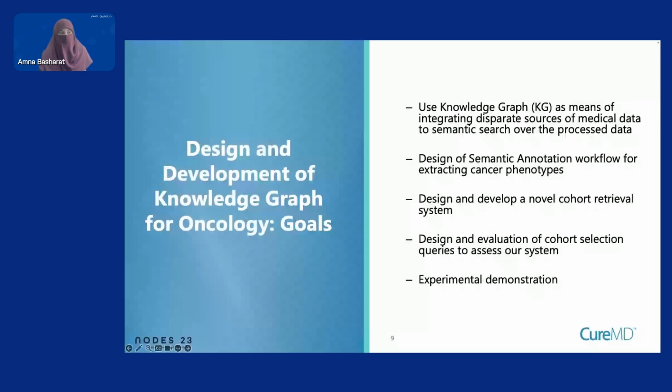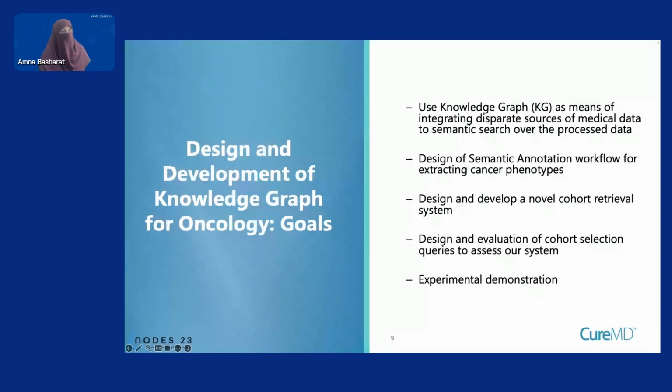And in order to do that, we had to design semantic annotation workflows to be able to extract important information for the particular cancer types. And then once we were done developing the knowledge graph, we were able to develop a cohort retrieval system that I'm going to talk about. And then we evaluated the system using queries, and I'm going to do some experimental demonstration as well.